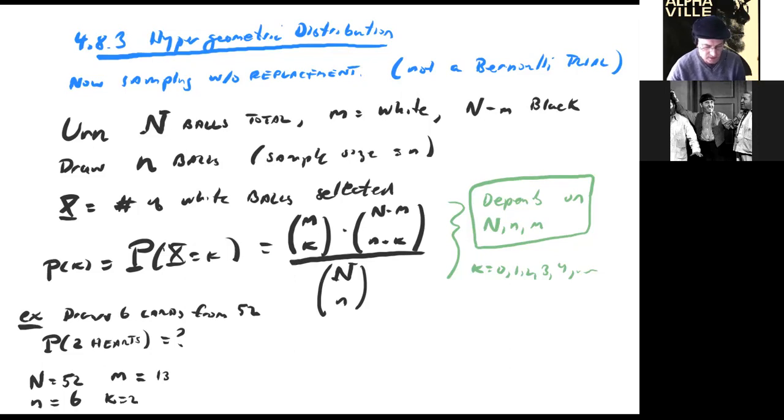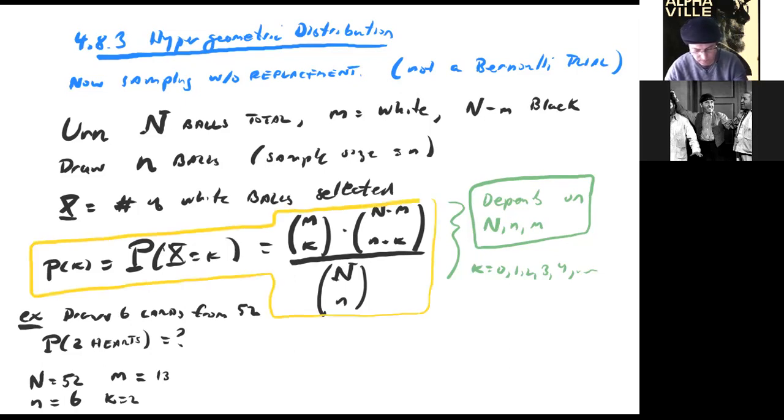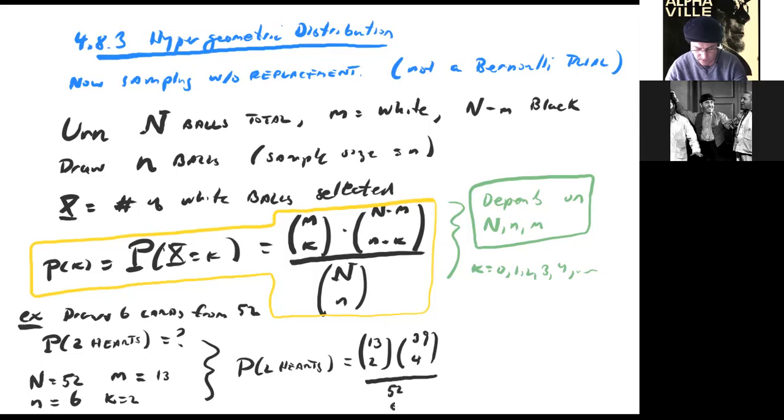That's the probability that X is 2, right? 2 hearts. So now we can just stick it into this expression. And what do we get? We get the probability of 2 hearts, which is P of 2, given by 13 choose 2 times 39 choose 4 over 52 choose 6.